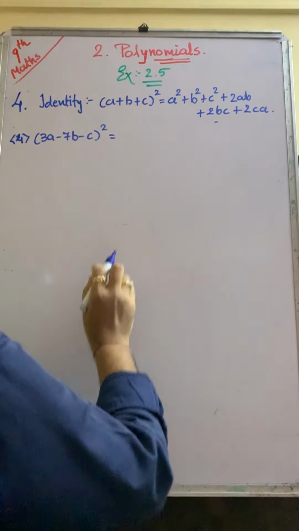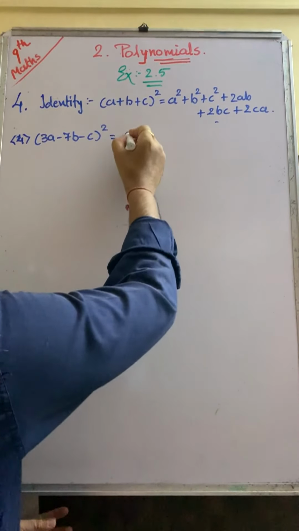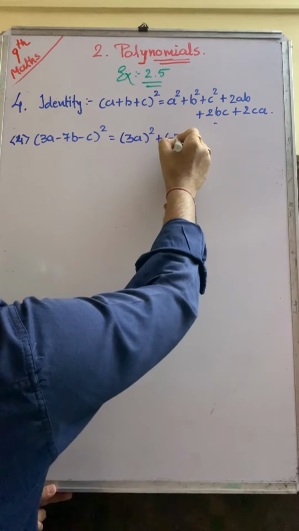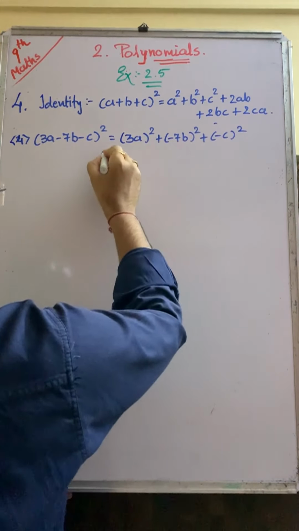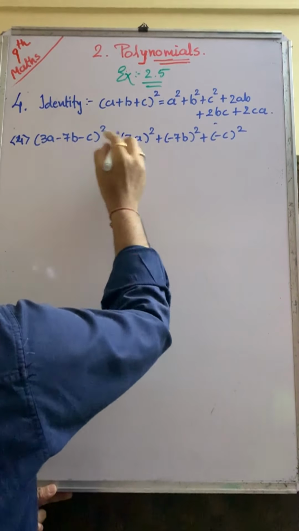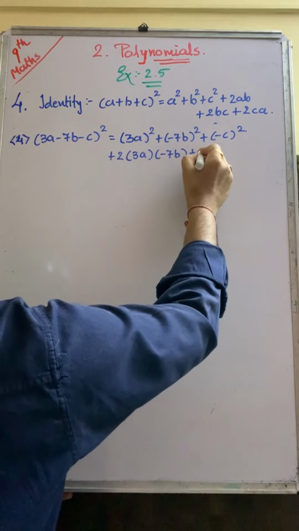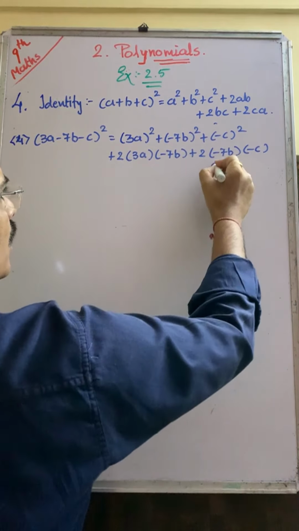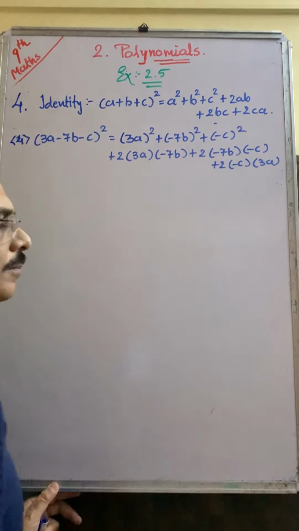So first term is 3a the whole square, minus 7b the whole square, minus c the whole square, plus 2 first into second, 3a into minus 7b, plus 2 second into third, and plus 2 third into first, and then now simply open.